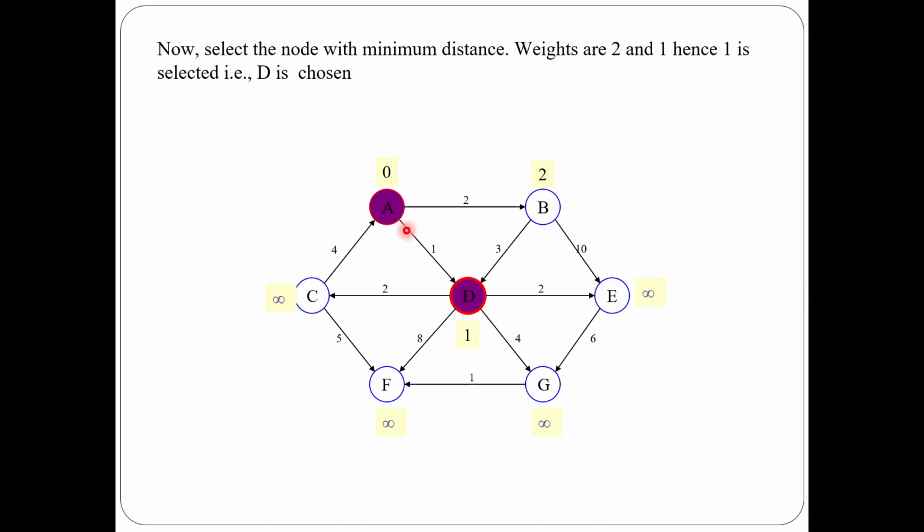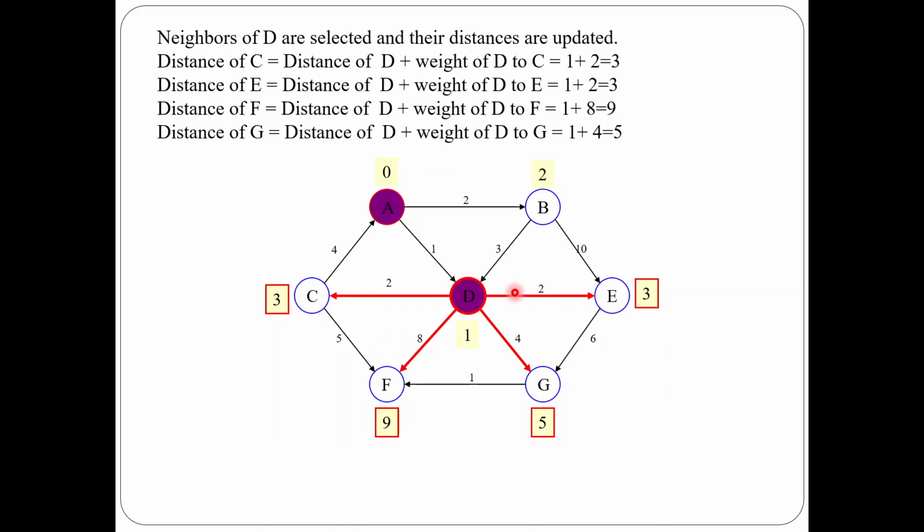Likewise, A to E: A to D is 1 and D to E is 2, that is 3. So the distance of F is the distance of D, which is 1, plus 8, that is 9.